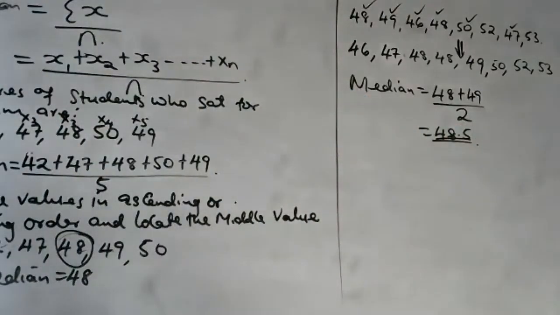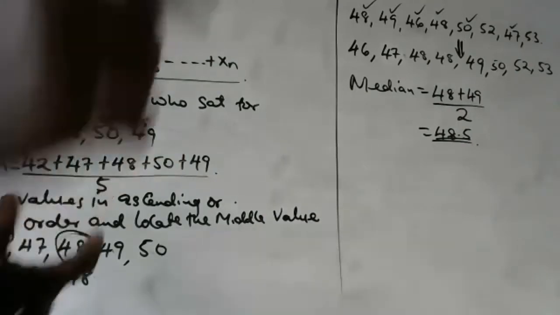So if the number of values is even, the median is the average of the 2 values within which the median lies.